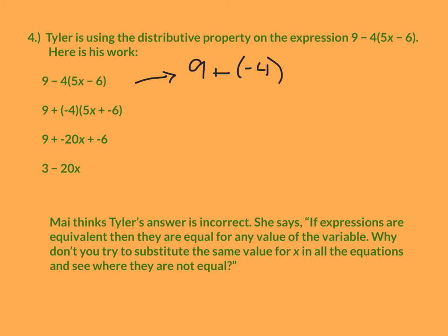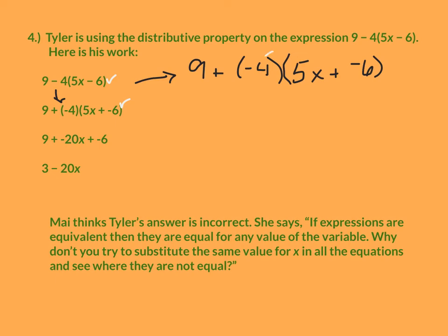By separating, we know that subtracting is exactly the same as adding the negative. So that's what Tyler did to start with, so we can follow suit in that. 5x plus, we did it also here with the plus minus 6, made it plus negative 6. That's absolutely fine. So far, so good.